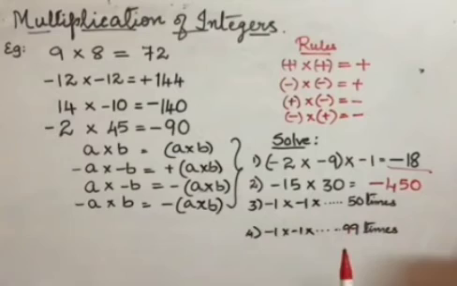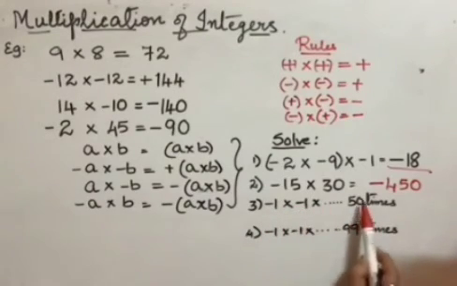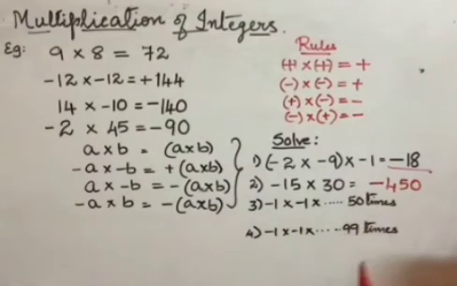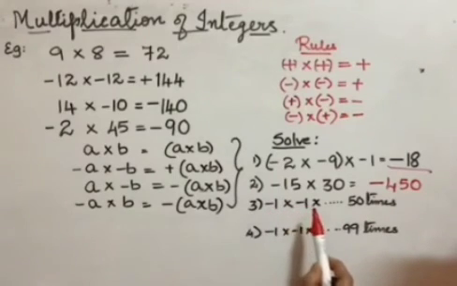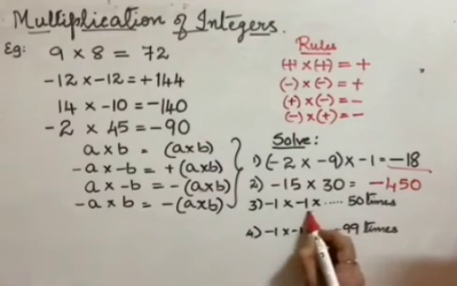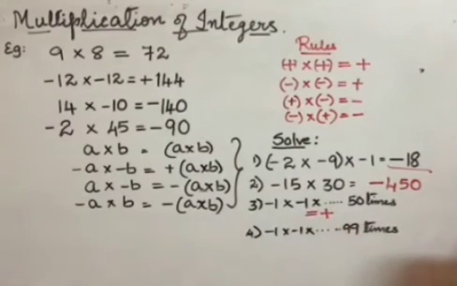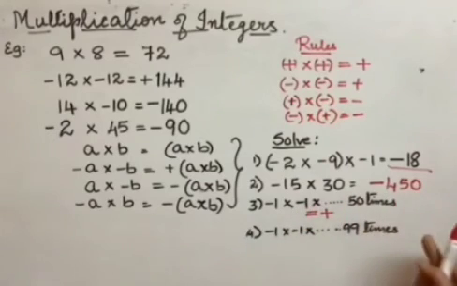Look at this. It's very interesting, children. Minus 1 into minus 1 and so on, 50 times. This 50 is even. When you have an even number of negative signs, finally your sign in the answer will be positive. Because minus into minus is plus, like that you have an even number.